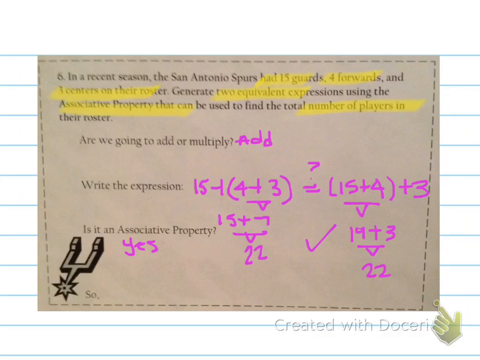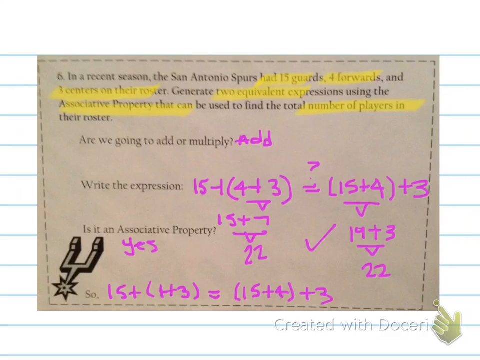So, yes, associative works for this. Associative is one equivalent expression we can use to add up these players for the San Antonio Spurs, and they will be the same. So we could say, 15 plus 4 plus 3 is equal to 15 plus 4 in parentheses plus 3.